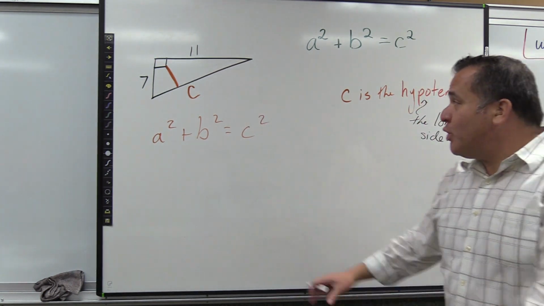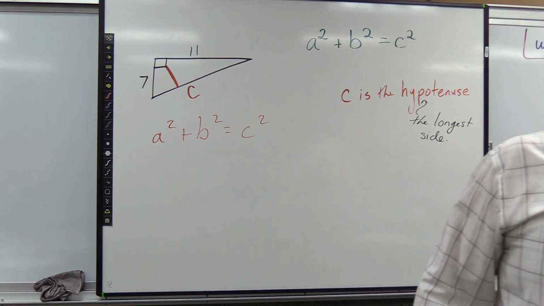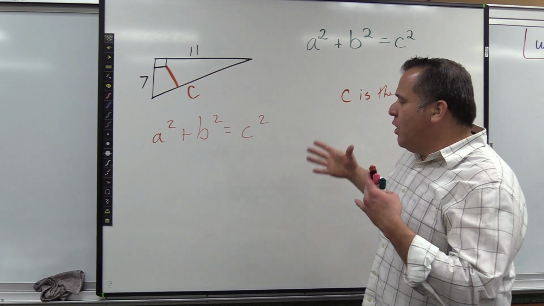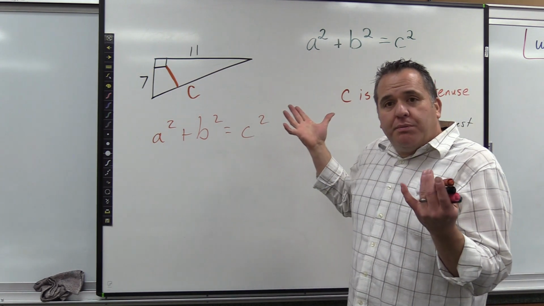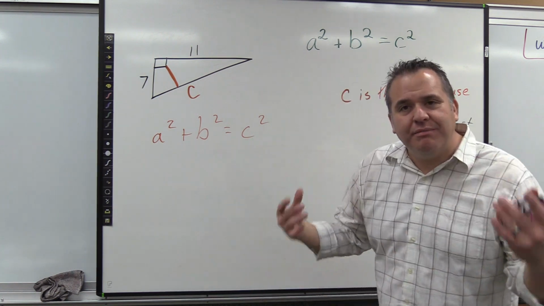Now, we're going to take this information and plug it into our formula. Somebody tell me, look at your work and ask yourself, which one's A, which one's B? Does it matter? No, it doesn't matter.